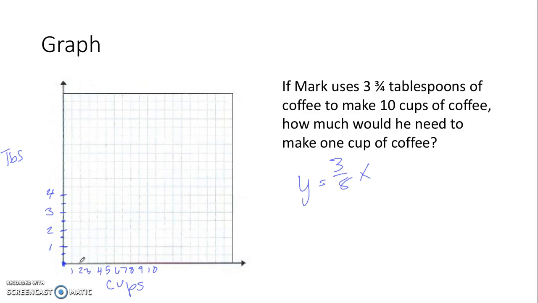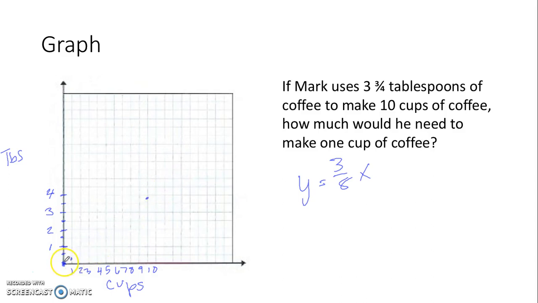Our constant of proportionality is 3/8, so we go over 1 and up 3/8. 3/8 is almost half, so we'll point it right here. Then we'll skip to 10, and we know that it's 3 3/4 tablespoons. So at 10, go up 3 3/4, which is about here.